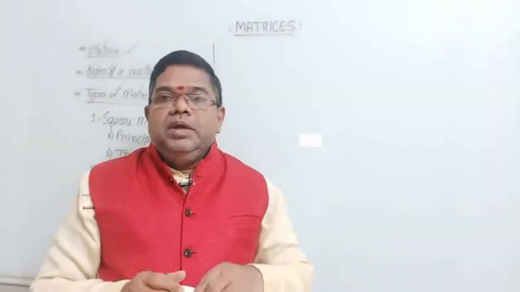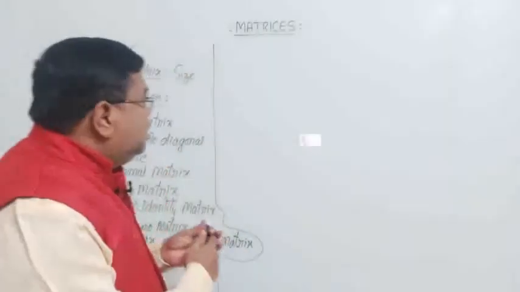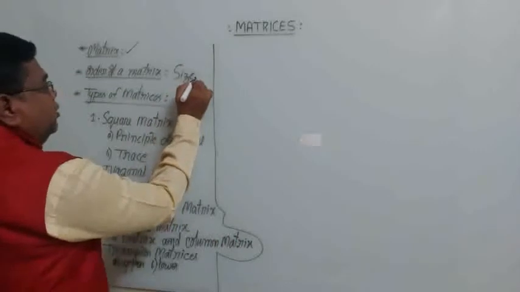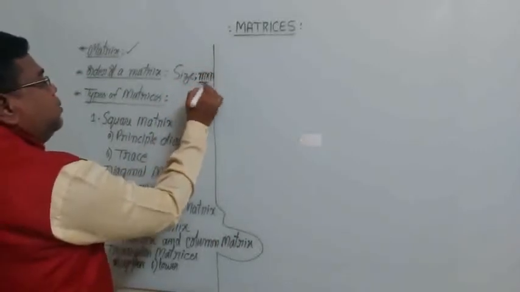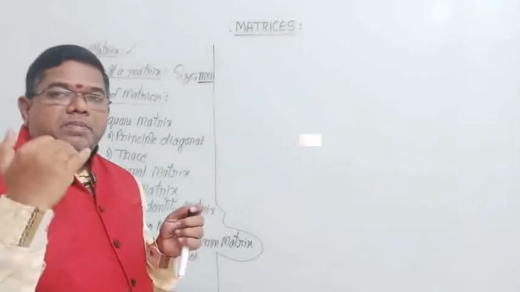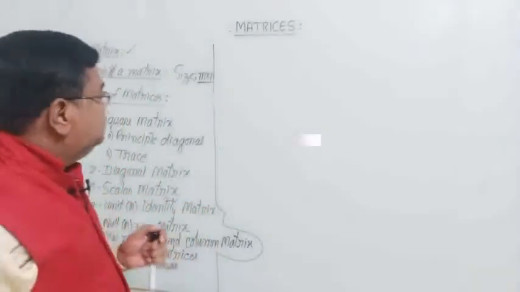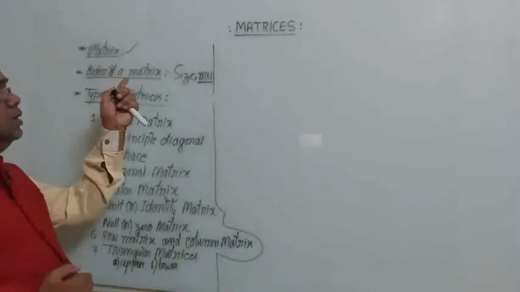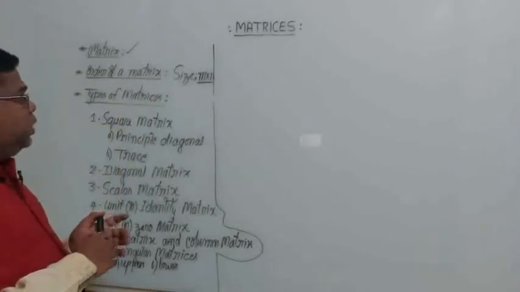If there are m rows and n columns, its order is m by n. It can be read as m by n or m cross n. That is the order of a matrix. This we also discussed in the first video, Matrices 1.